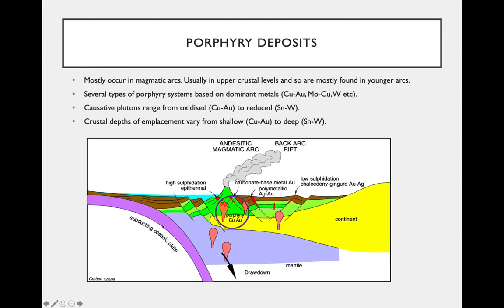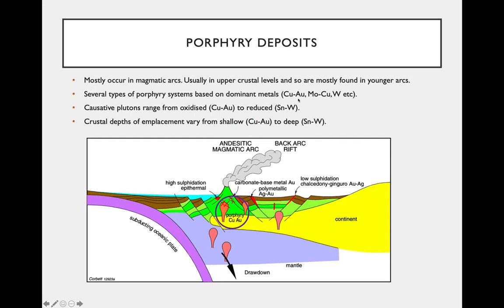So if we go back to our porphyry deposits, as I was discussing, these mostly occur in magmatic arcs because we have these unusual circumstances where the magma can get to very high crustal levels. It's oxidized and generates that fluid overpressure to form a porphyry style. There are several different types.